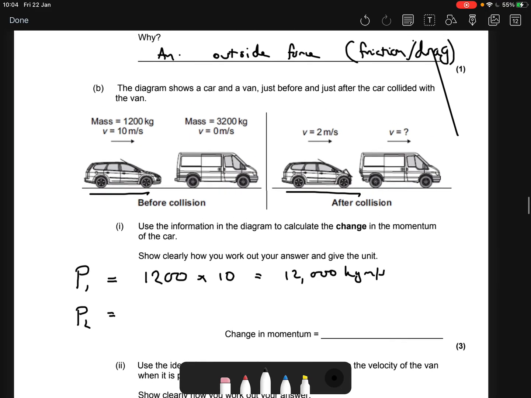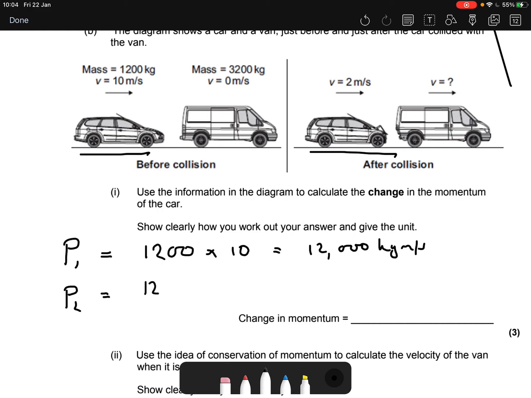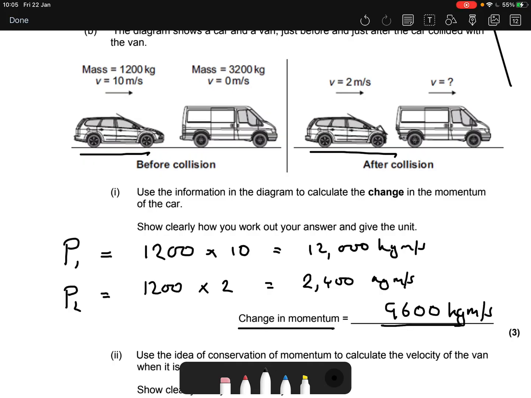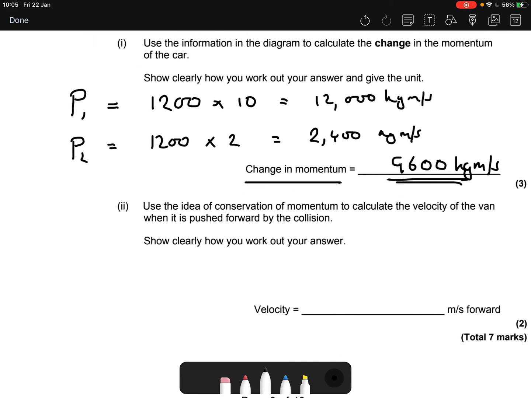The final momentum of the car is the same mass, so 1200 times 2, which is 2400 kilogram meters per second. The change in momentum is the difference between those two things. So I've got 9,600 kilogram meters per second.